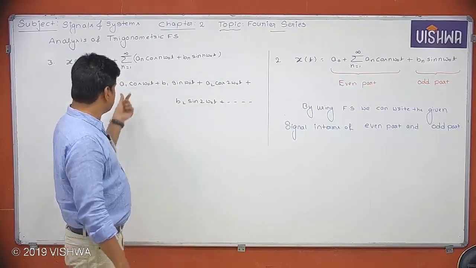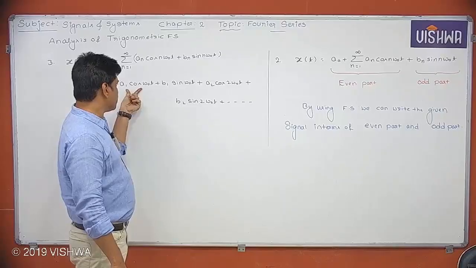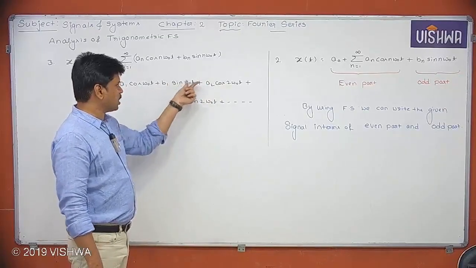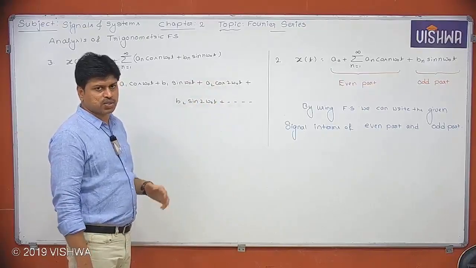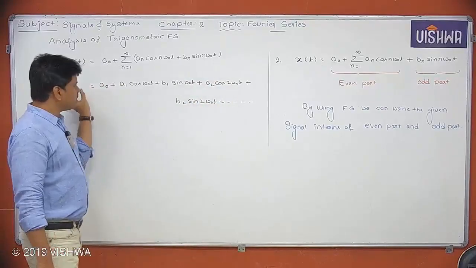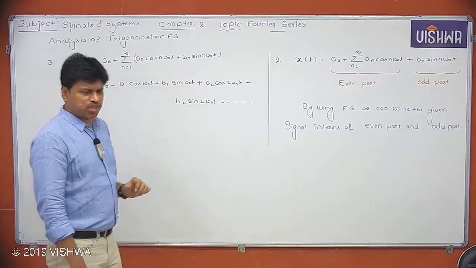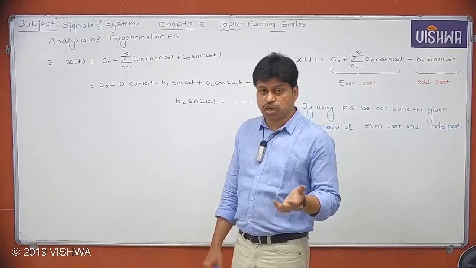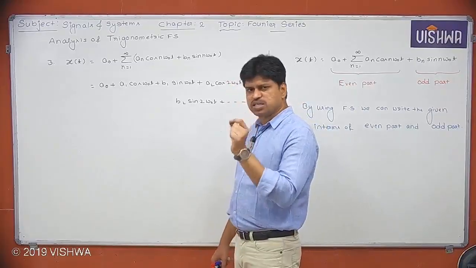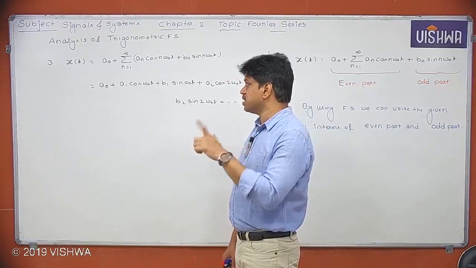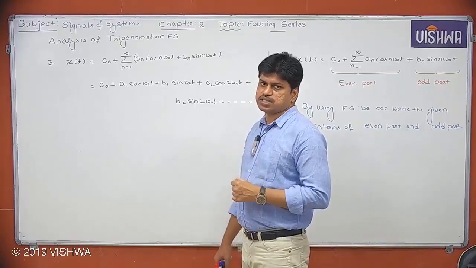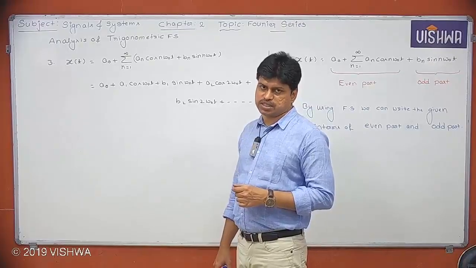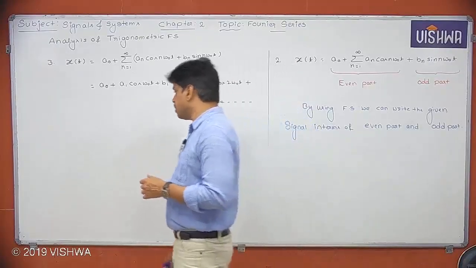Next, if we take a1 cos omega naught t and compare it with any other signal, definitely they are orthogonal. So that means if you consider any two terms in the expansion, they are always orthogonal to each other. This is the necessary condition for the Fourier series. I hope you understood. It is a compulsory condition actually.